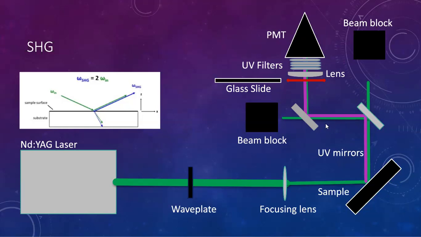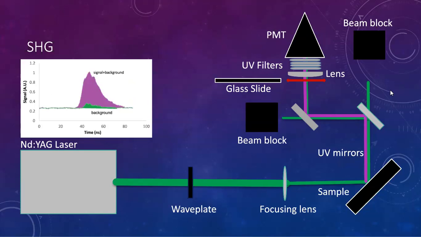So we pass through 2 UV mirrors that have about a 95% dump rate of our 532 and reflect our 266. And then we have several UV filters right before our detector, our photomultiplier tube. So even after all of that, we still get some green light at our detector.